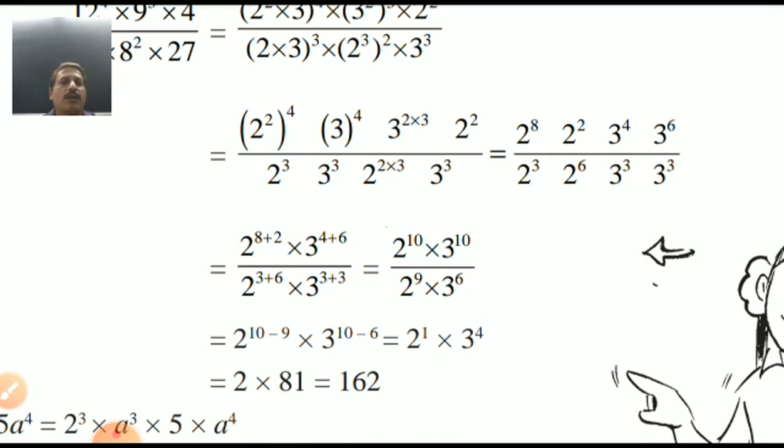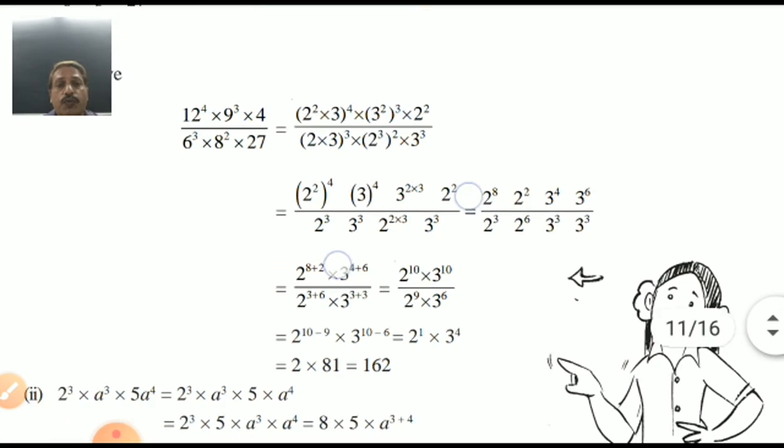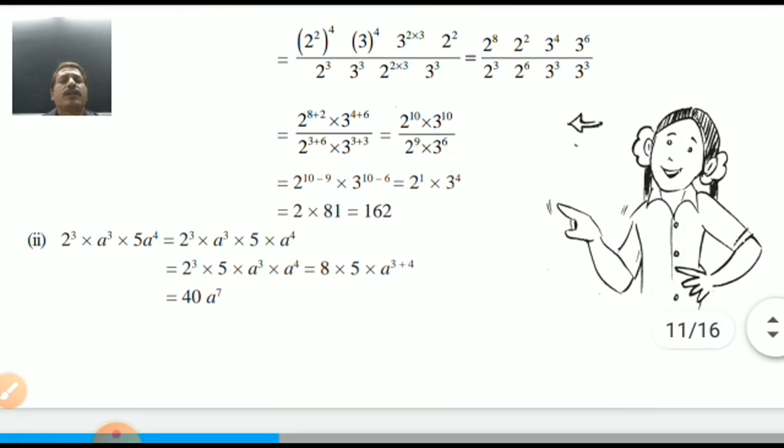Take the base common and add the exponents. Yes, 2 raised to 10, 3 raised to 10. Downside 2 raised to 9 into 3 raised to 6. Yes, 10 minus 9 gives me 1 and 10 minus 6 gives me 4. So final answer 2 raised to 1 and 3 raised to 4, which gives me 2 into 81. Final answer 162. Easy? Try out the next questions.